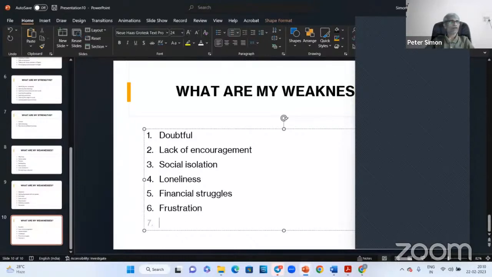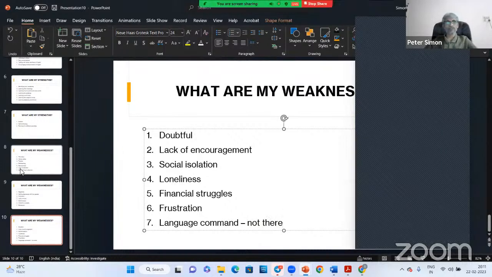Yes, language command. Language command not there. Yes, these are some points.